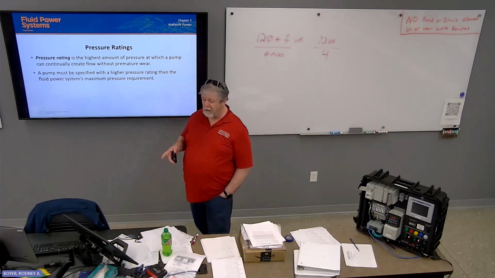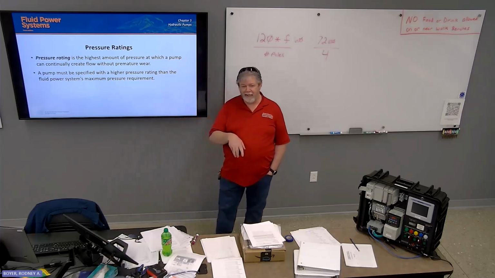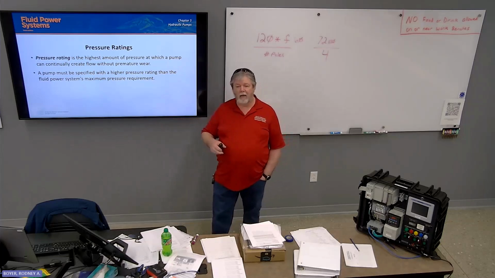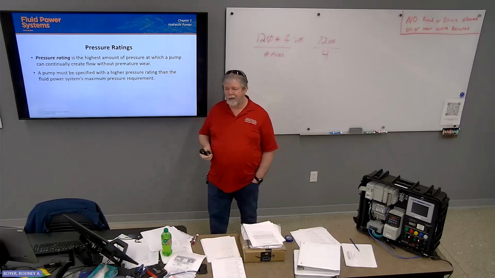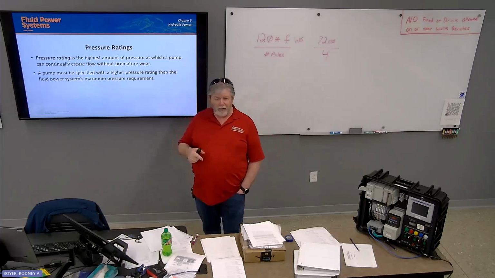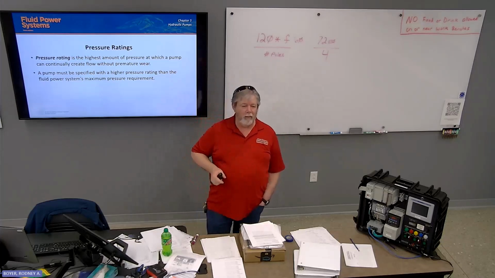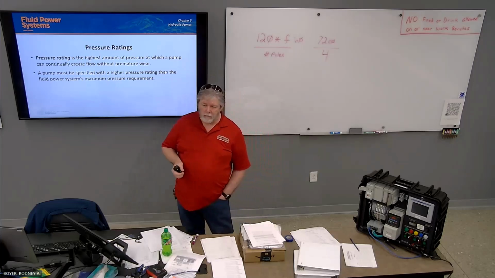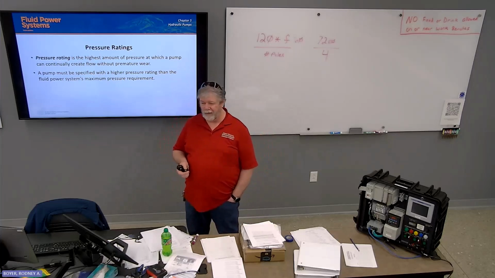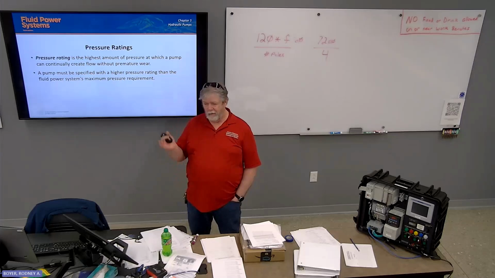If you have a pump that is capable of producing higher pressure than you need, then you're not running the pump at its maximum all the time. That will greatly reduce the life of the pump. If you need 5,000 PSI and you have one that's capable of 7,500, you're going to be running at roughly 2/3 of its maximum.